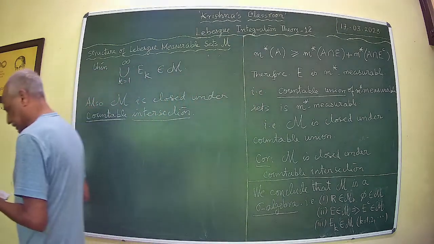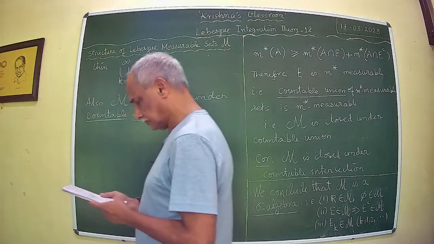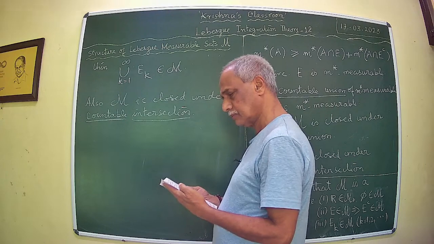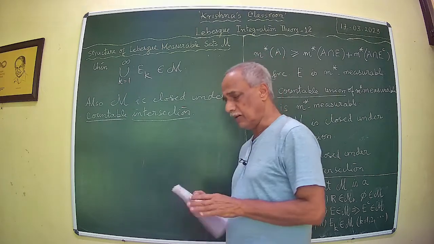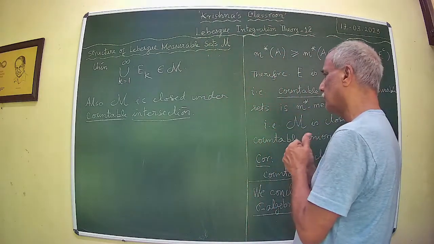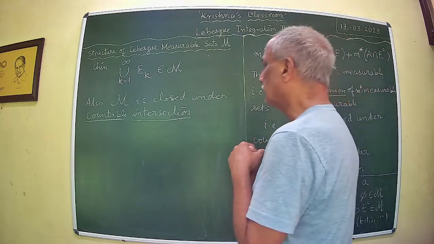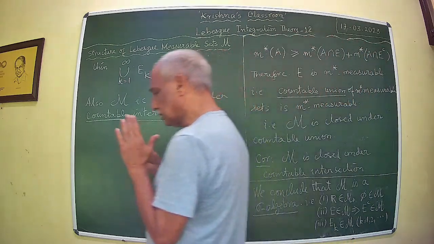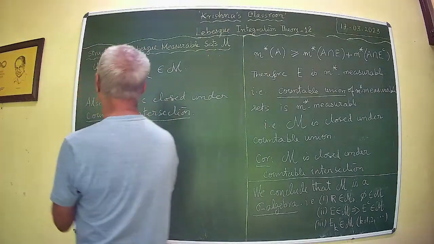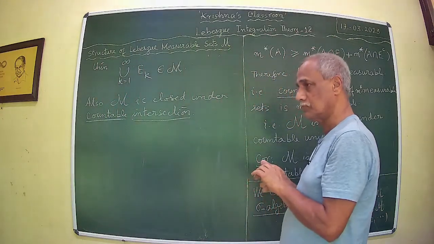So that is the structure of this class. Now what we have to do is the following. There are two more things that we want to do. What we want to do is that every interval belongs to the script M, the set M. Okay.